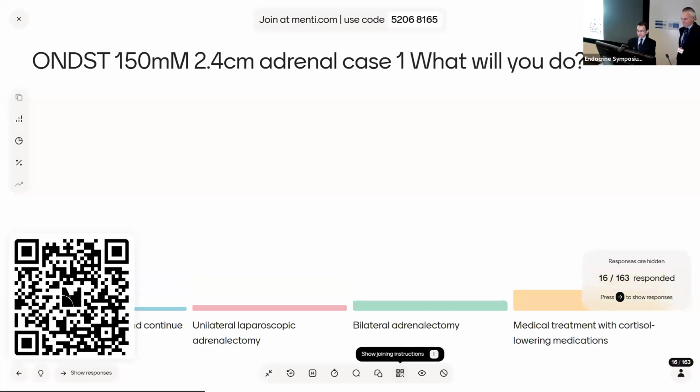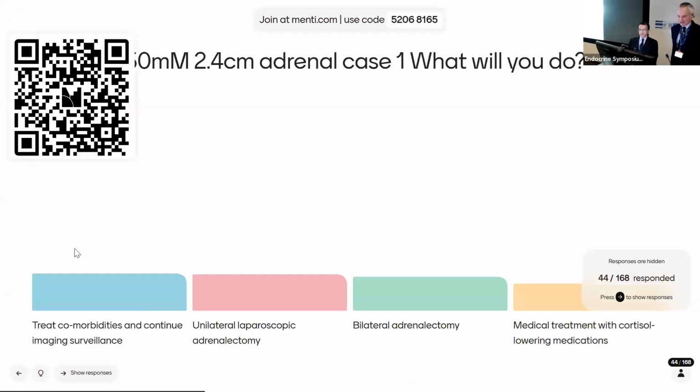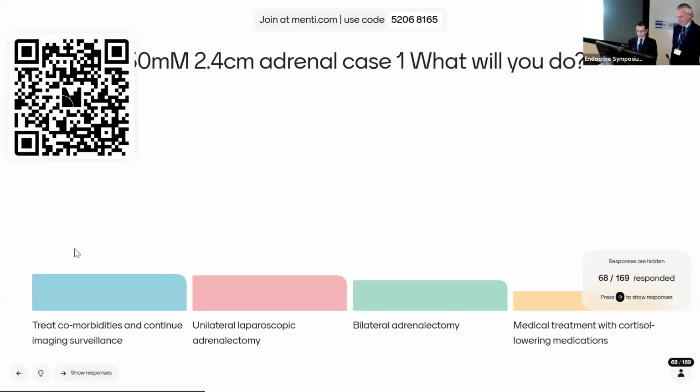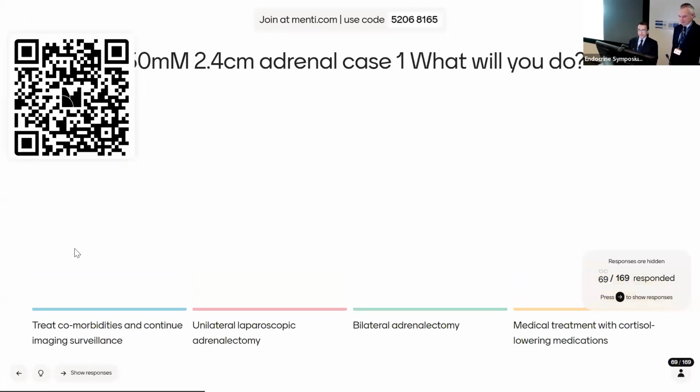Just get everyone to vote. There's not necessarily a right and wrong answer. The answer may be different after the previous talk. Want to reveal? Yeah. Okay.